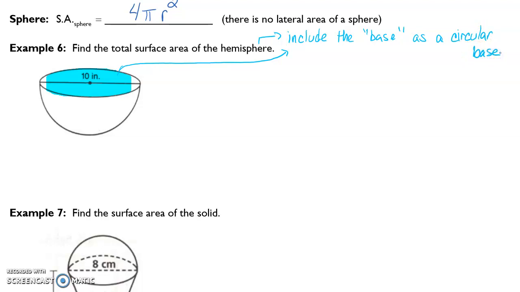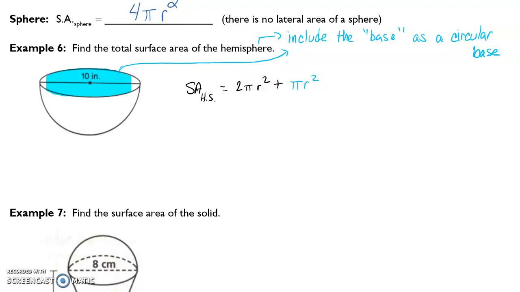And so I will want to do half of my surface area formula, half of 4 pi r squared. If I want the surface area of the hemisphere, it's going to be 2 pi r squared. But then I have to include the area of that base, which is another pi r squared.